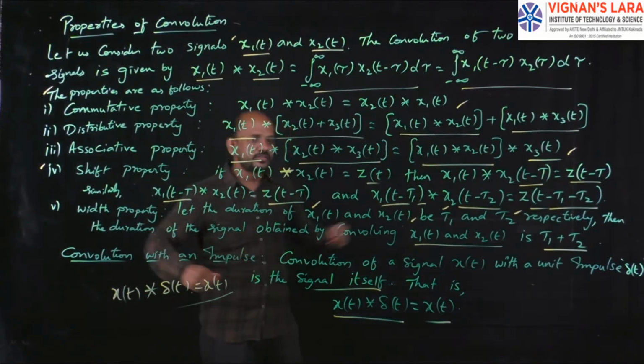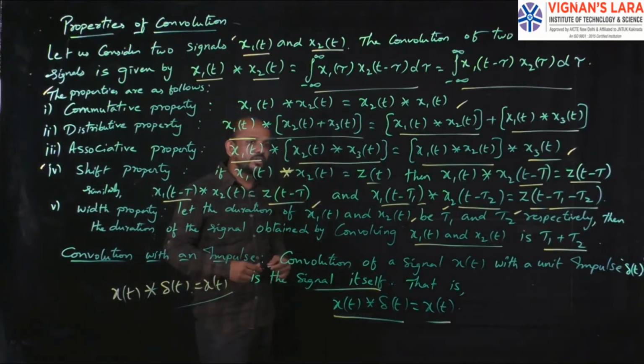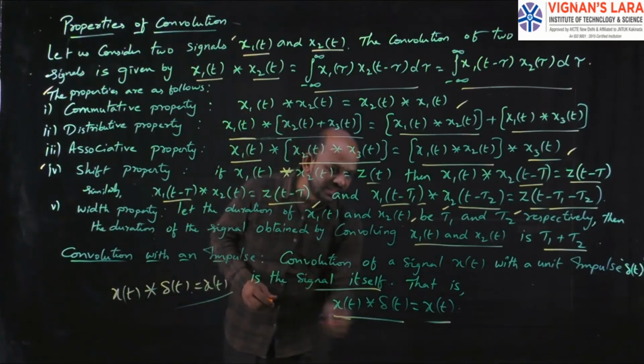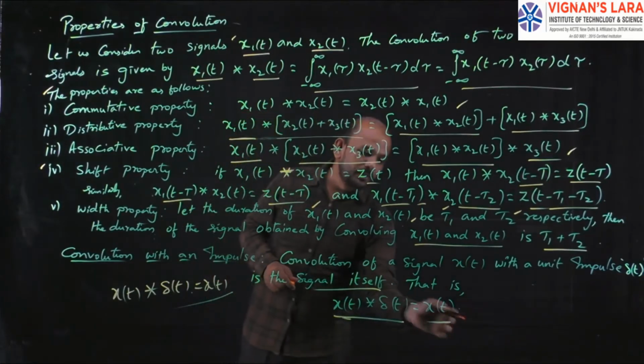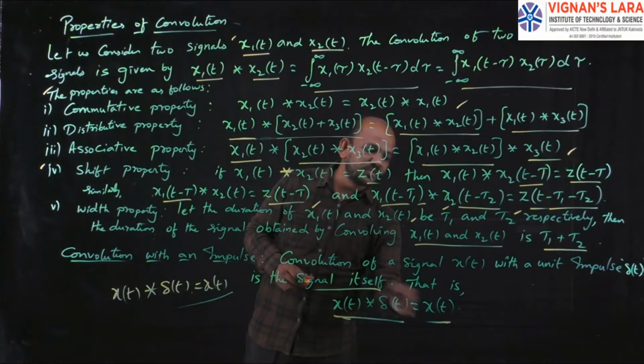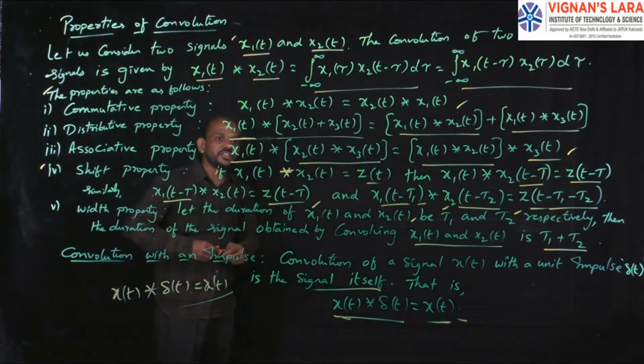So that can be mathematically represented as x(t) convolution δ(t) equals x(t). Here x(t) is the signal and δ(t) is the unit impulse, and the output of the convolution of x(t) and δ(t) is nothing but x(t). So this is the explanation of the properties of convolution.